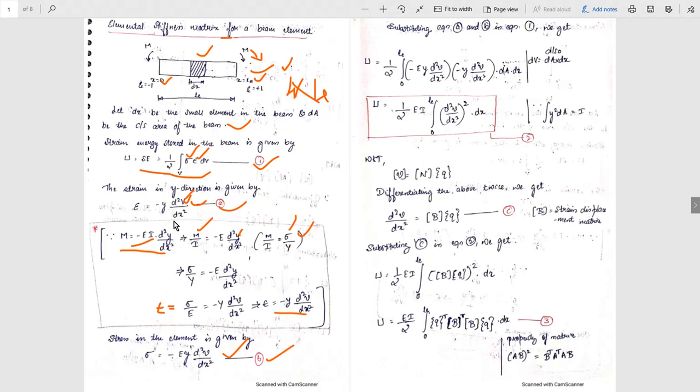When you substitute these two equations in equation 1, this is what you get. Since we have dx here, with respect to dx the limits are 0 to LE. dV is given by dA into dx, which is nothing but the volume of an element.